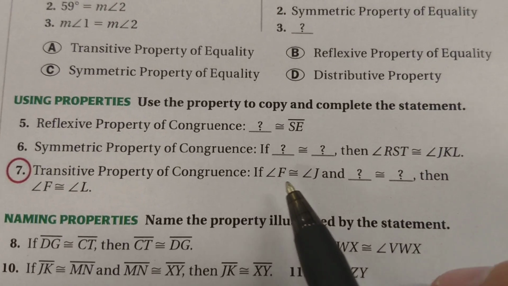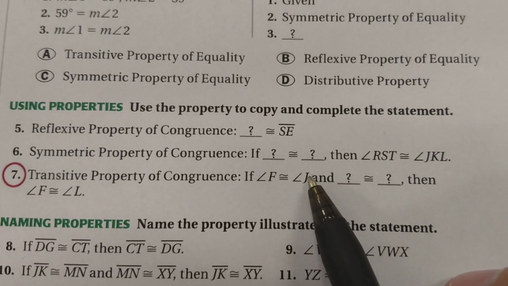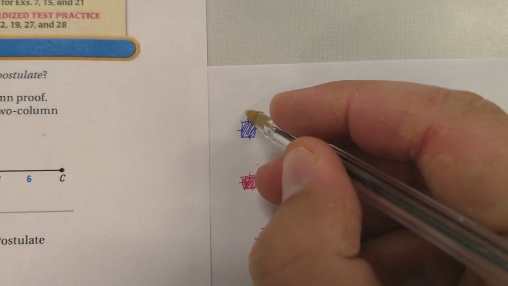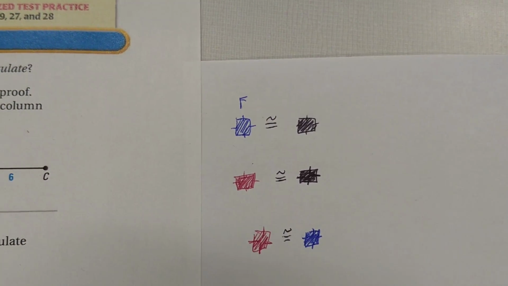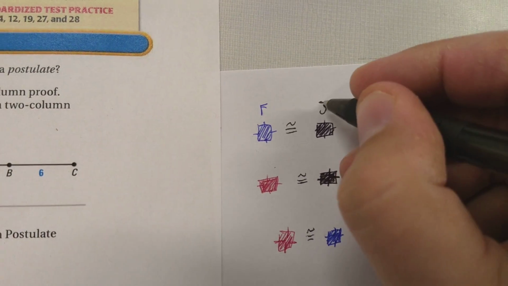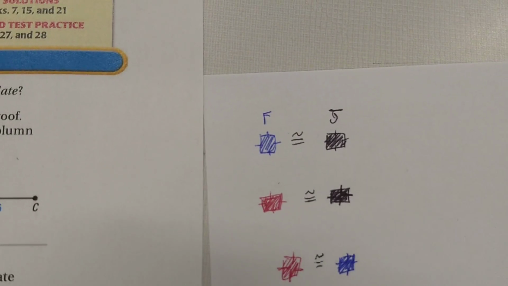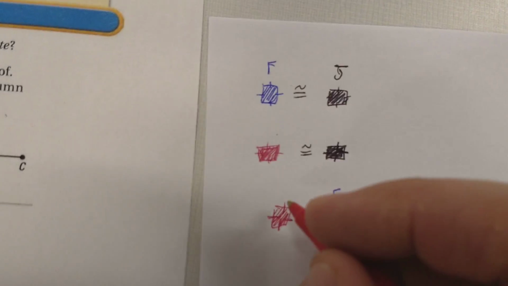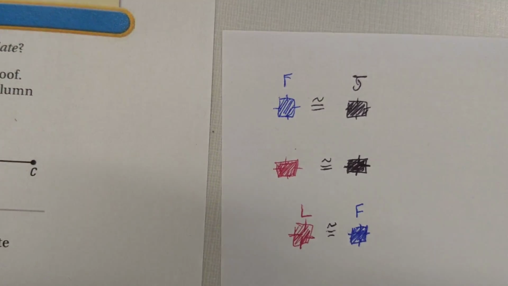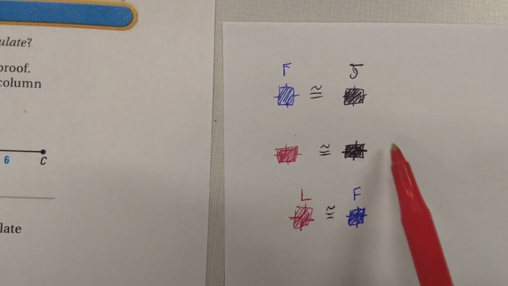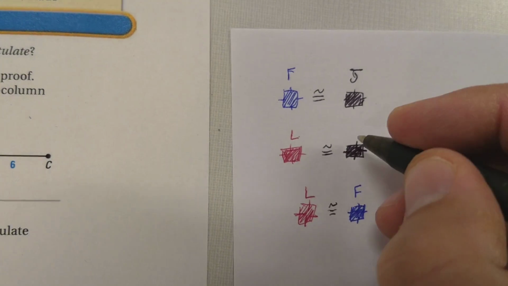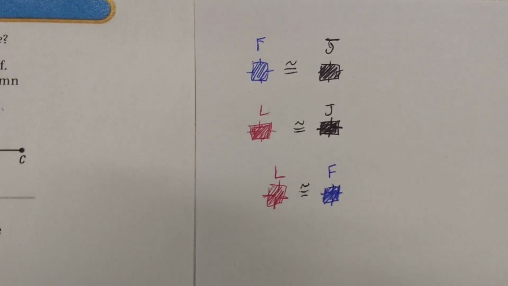If angle F is congruent to angle J, and eventually I want to say that F is congruent to L, well, couldn't we say something like this? If F is congruent to J, and I want to say that F is congruent to L, in order to say that, this middle part must be true as well, that L and J must be congruent.